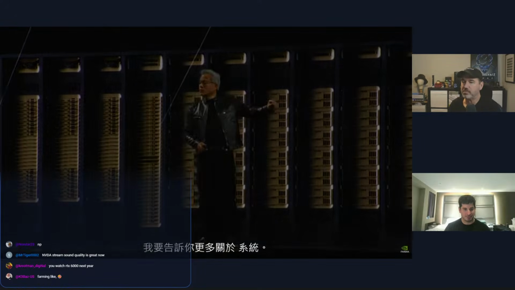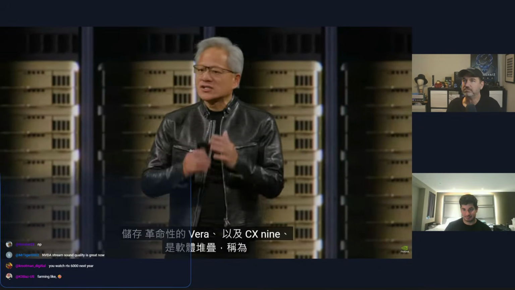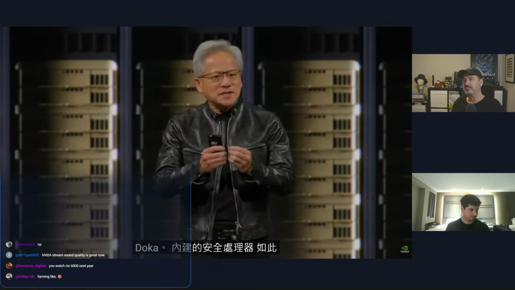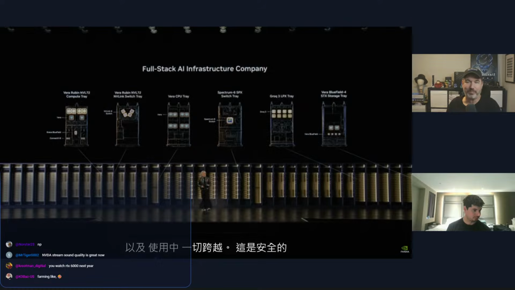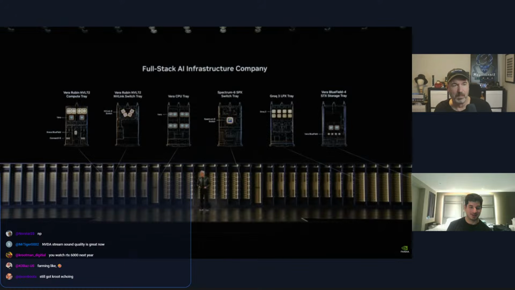Vera, along with CX9, our software stack called DOCA, the security processor that's inside so that everything is encrypted at rest, in motion, as well as in use. Everything across this is secure because the AI model is so precious. This is the reason why this entire system obeys confidential computing.